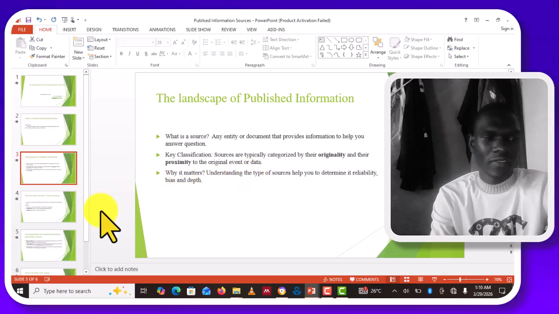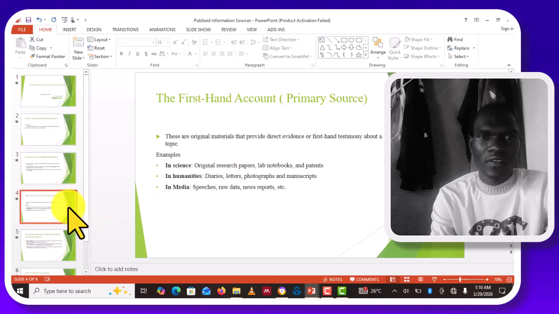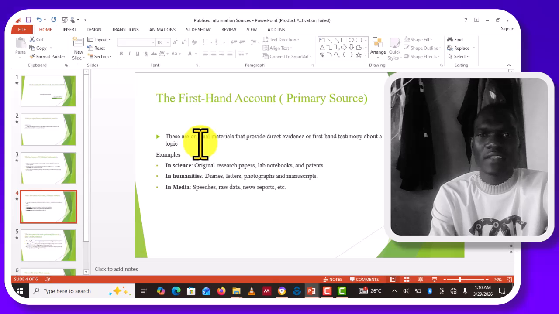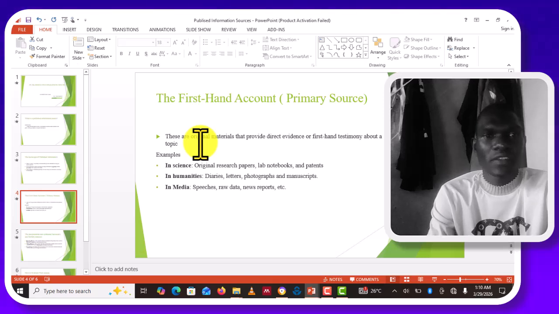So let's go to the next slide, and there we have the first-hand account, or the primary source. These are original materials that provide direct evidence or first-hand testimony about a topic. That's the definition of a primary source.